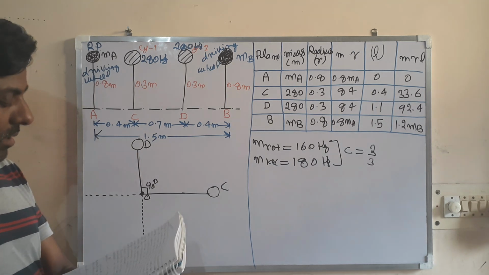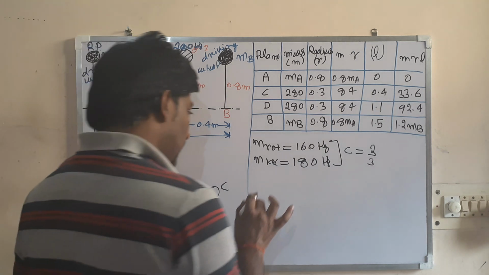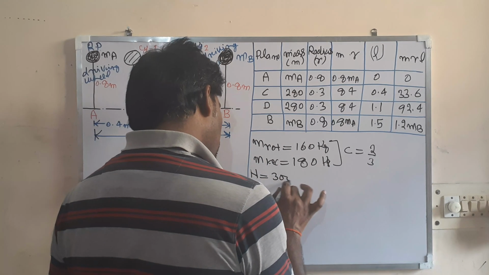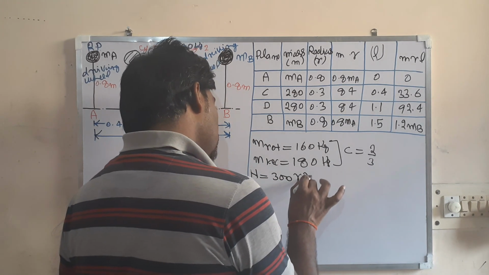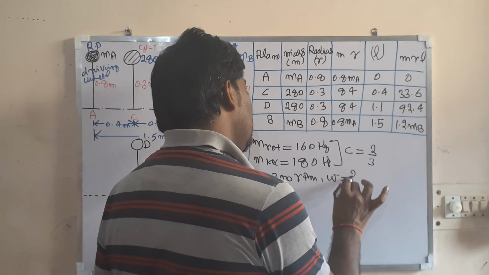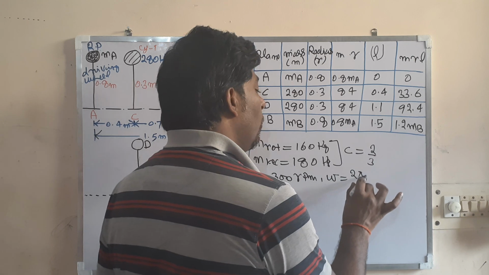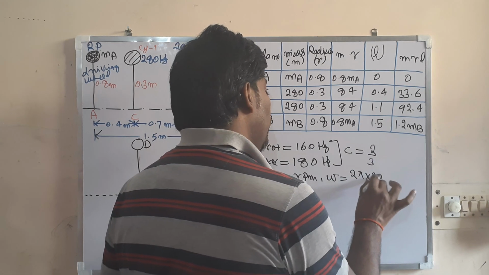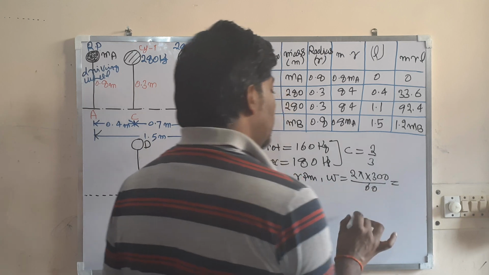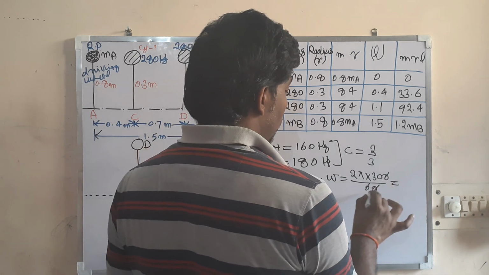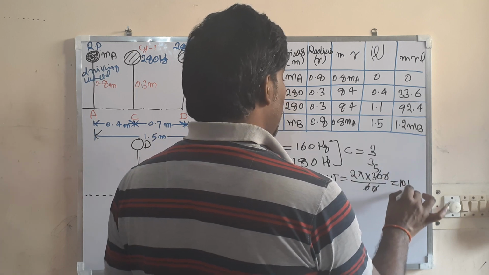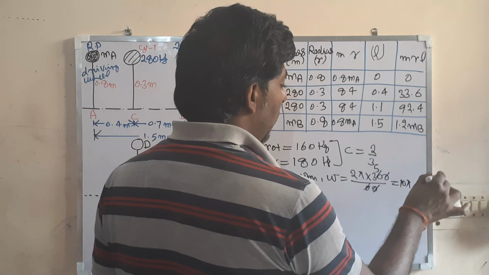The crank rotates at 300 rpm. So the speed of the crank, N, is equal to 300 rpm. This can be converted into radian per second by the formula 2 pi N divided by 60. So 300 divided by 60 is 5, and 2 times 5 is 10, so 10 pi, and pi is 3.14.